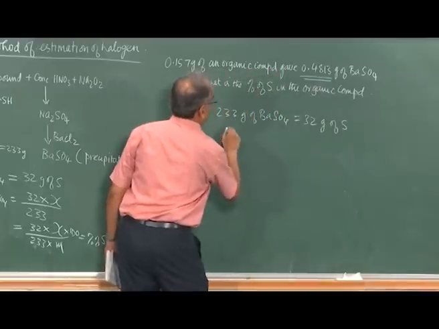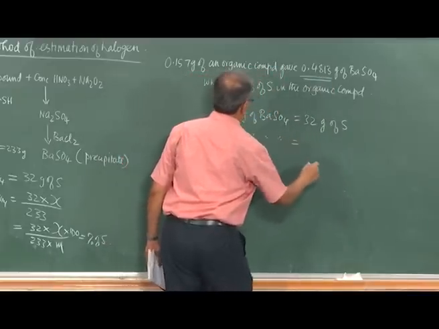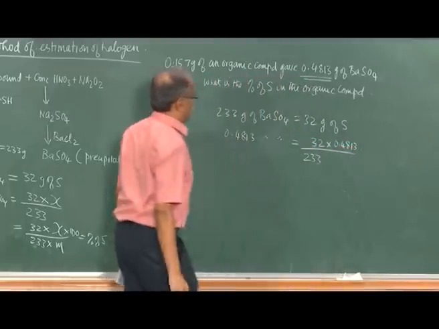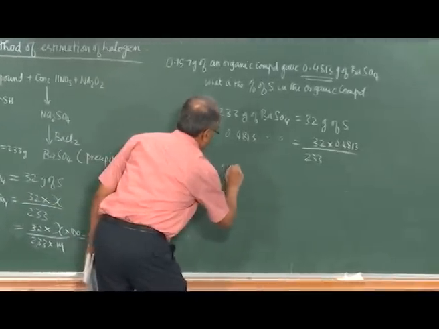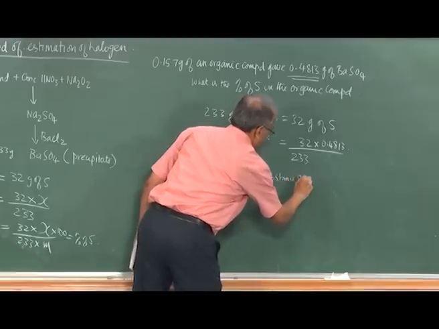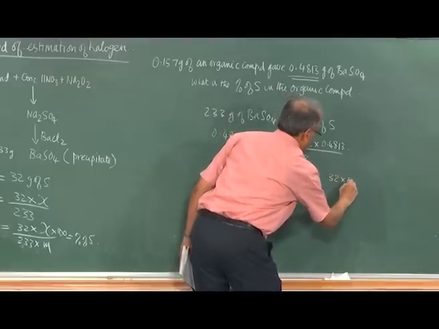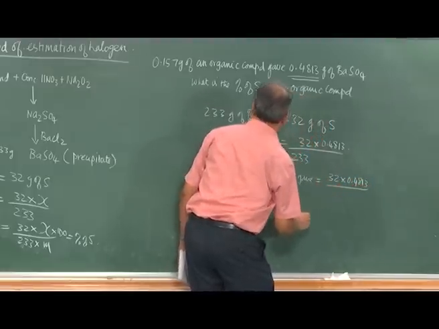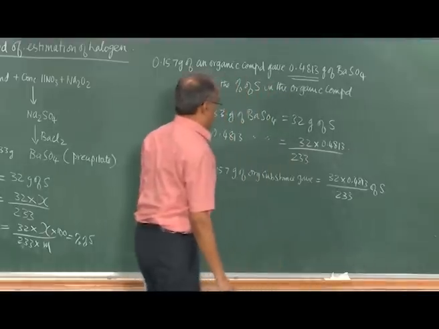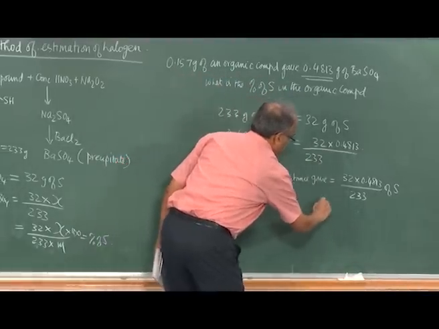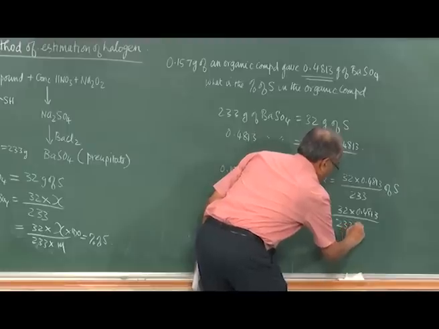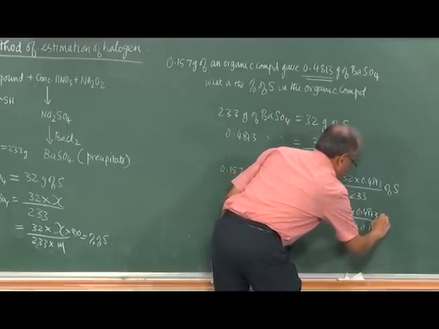This much amount of barium sulfate, how much will it be? 32 divided by 233 multiplied by 0.4813 grams. 0.157 grams of organic substance gave this many grams of sulfur. 100 grams of organic substance will give 32 multiplied by 0.4813 divided by 233 multiplied by 0.157 multiplied by 100.